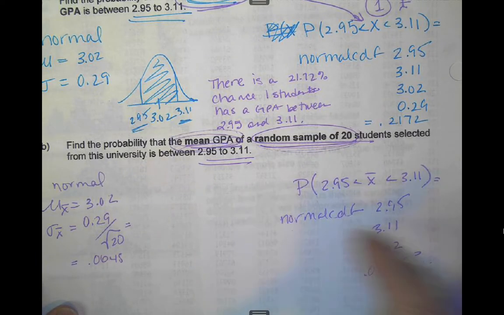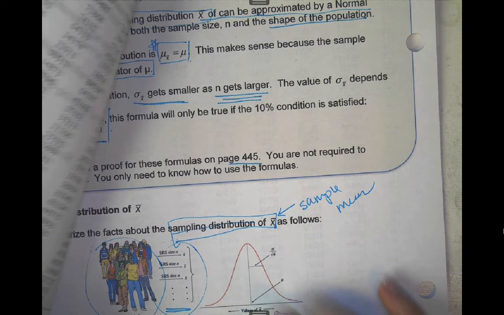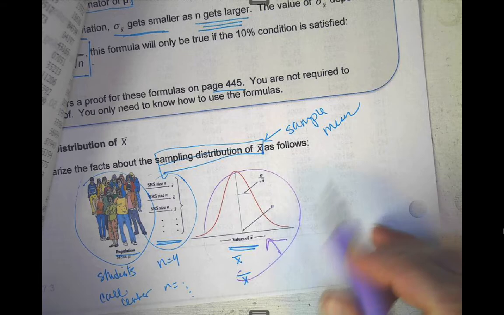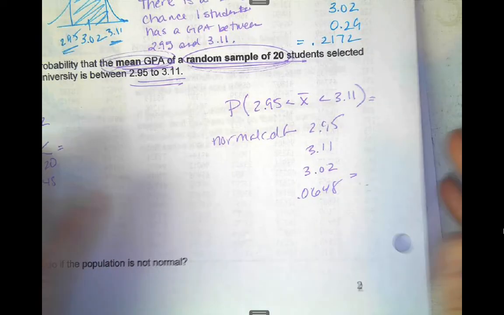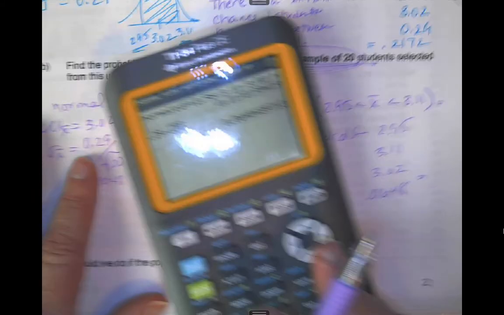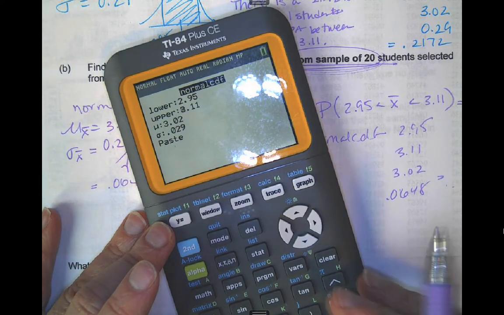I want to use the distribution of all the x bars to solve this problem. For the first problem, I was using the distribution of everybody. Alright, I plug all that in.